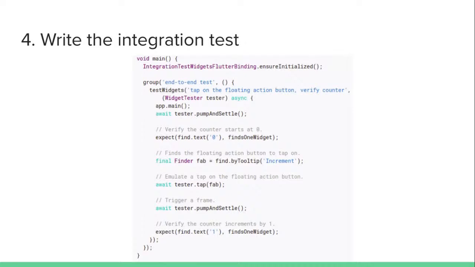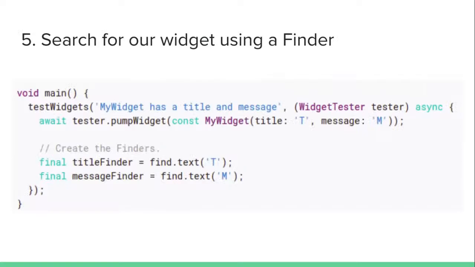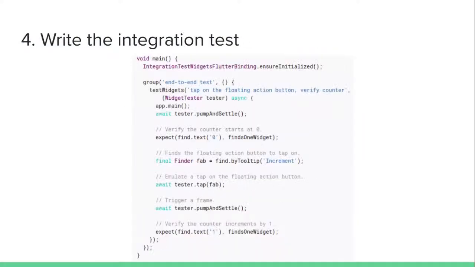I told you that we use pump when we want to implement a specific widget tester object. So here we used pumpAndSettle, and we didn't use pumpWidget like this one, because we use pumpAndSettle when dealing with anything with animation or stateful widgets and so on.